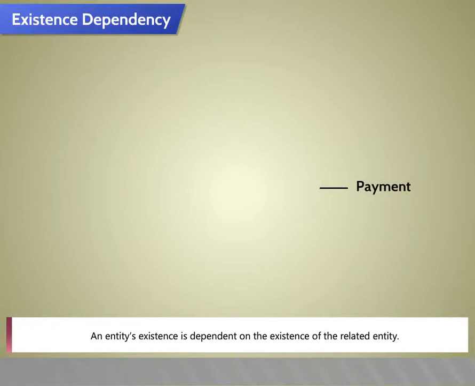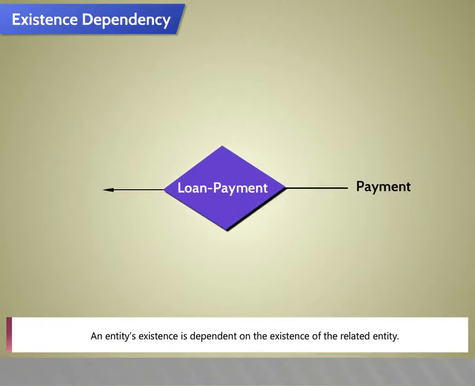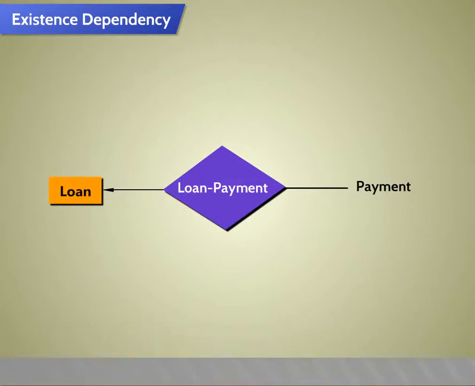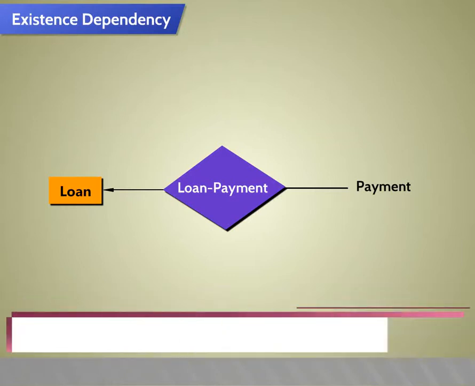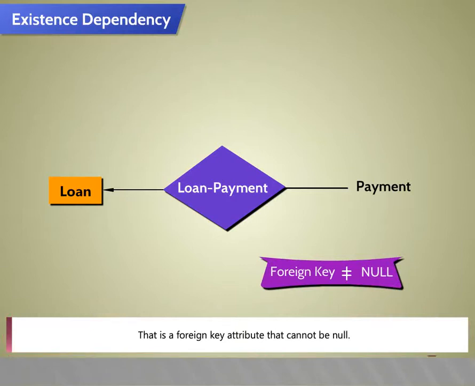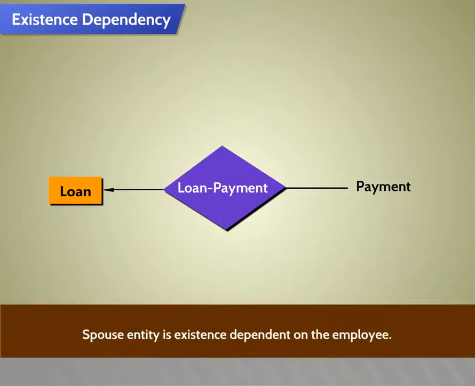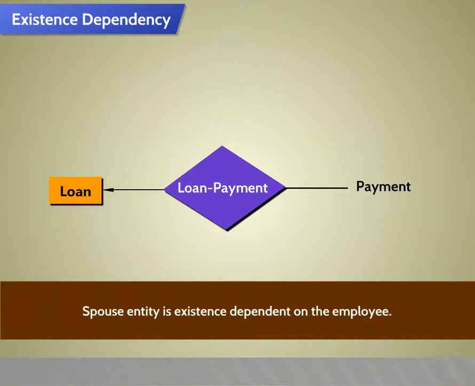An entity's existence is dependent on the existence of the related entity. Its existence is dependent if it has a mandatory foreign key. That is a foreign key attribute that cannot be null. Spouse entity is existence dependent on the employee.